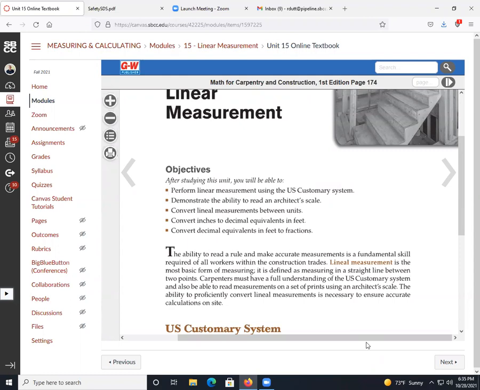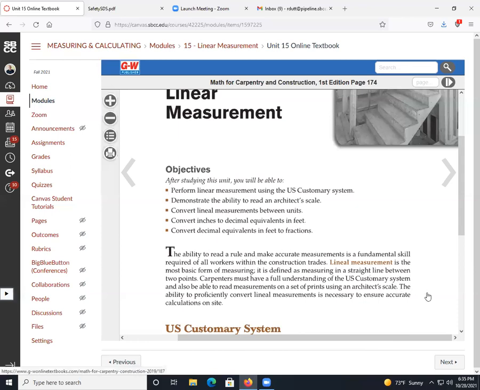Anyway, that's an architect scale, and we're going to go through that tonight, how to read one. There's some close-ups in the book here. And we're going to convert lineal measurements between units. We're going to learn to convert inches to decimal equivalents in feet and to convert decimal equivalents in feet to fractions of feet.